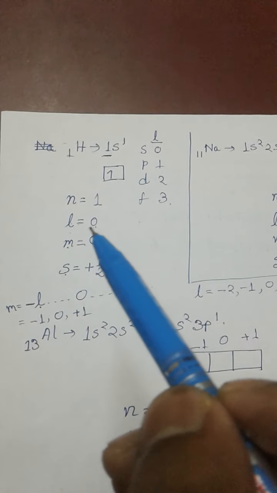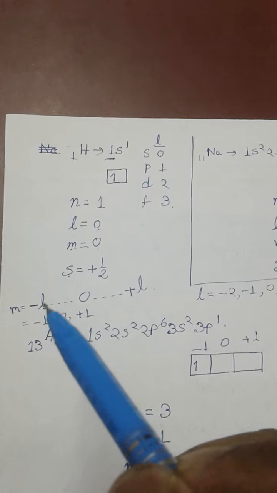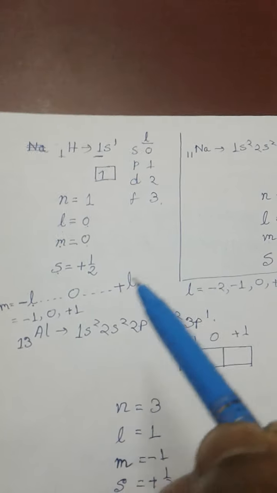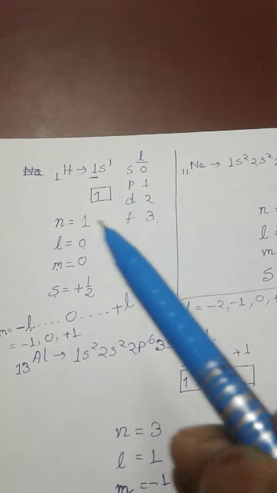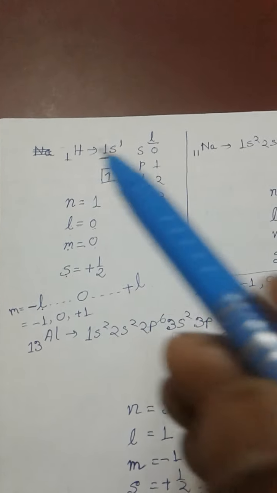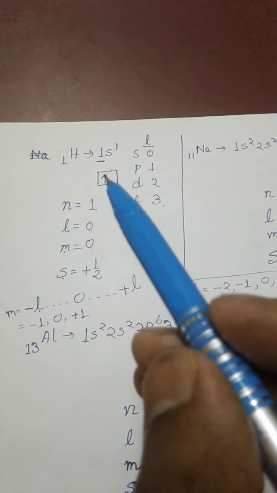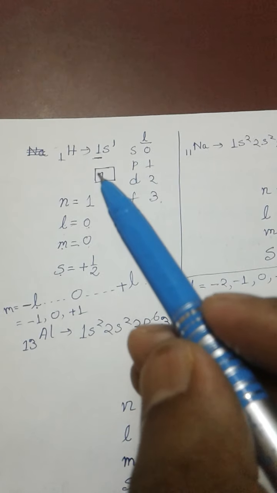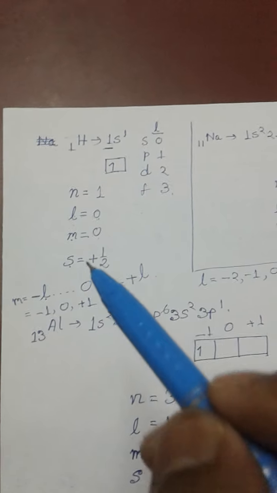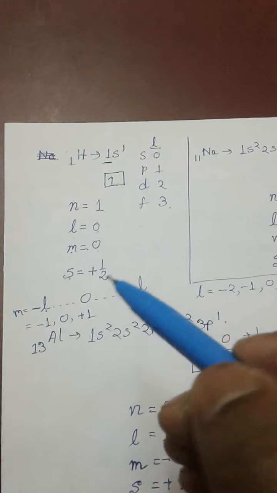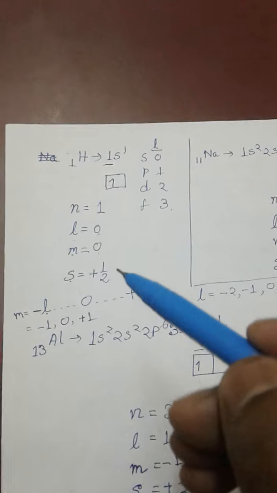As l is 0 here, there is only one value for the s orbital, so m is 0. And s is plus half, because the electron is written in the upward direction, meaning it rotates clockwise, and when the electron rotates clockwise, we write the spin quantum number plus half.